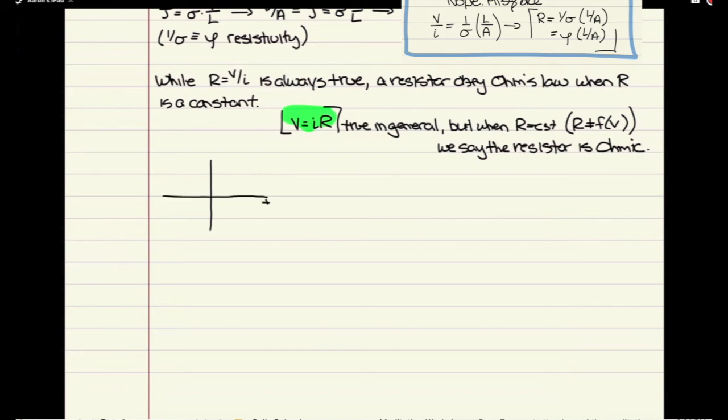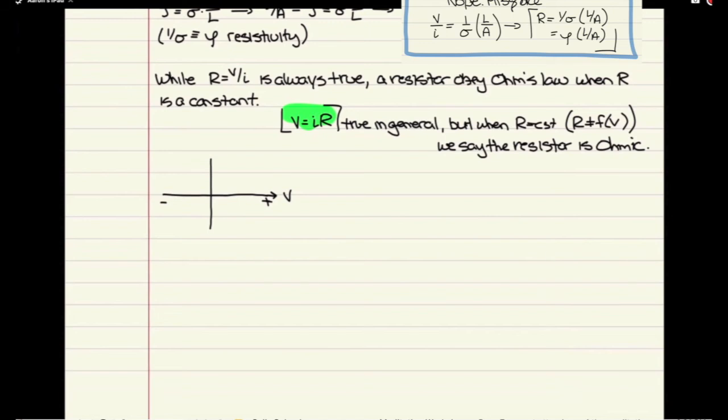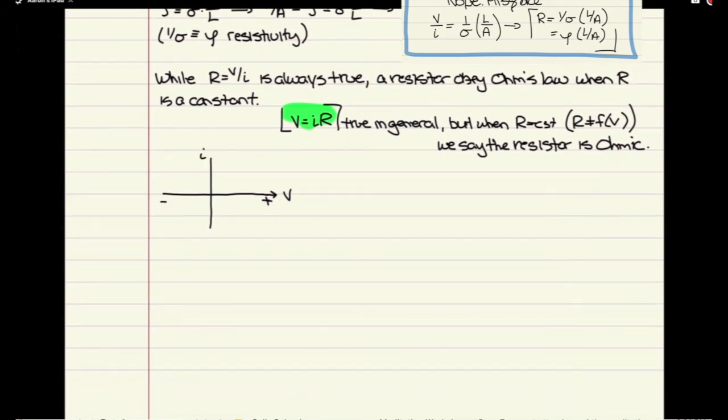So suppose this is the potential difference across some object, and I want to establish a potential difference which can have different directions. I could establish it from one terminal to the other terminal, or I could do it in the opposite direction, and then I measure the current that results from it. Something that is ohmic might look like this.